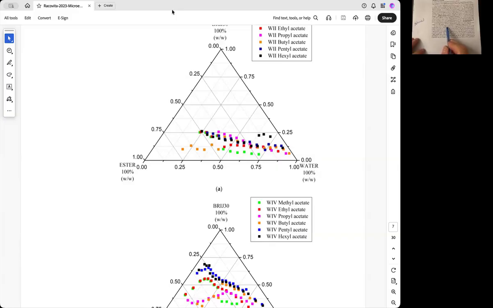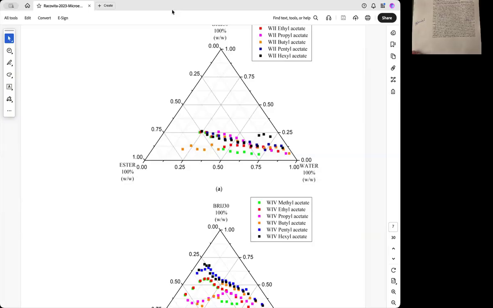As can be seen from figure 2a and table 1, the lowest lying Windsor 2 curve corresponds to the system with MEAC, methyl acetate, C2 acetate, and the highest to the one with HEAC. Let's see, lowest. Yeah, I can see what it's saying, but it is complicated.